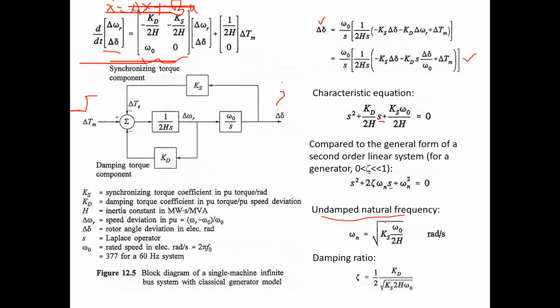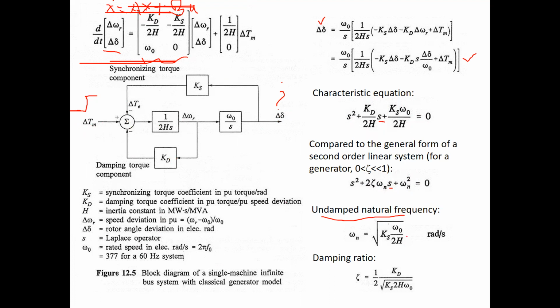That means it is the natural frequency of the system which is undamped, there is no damping. At what natural frequency will the system oscillate if there is some disturbance? At what frequency will the rotor angle oscillate when you have some disturbance applied? This is what it refers to.